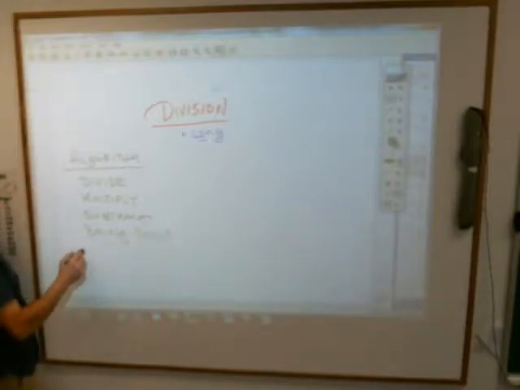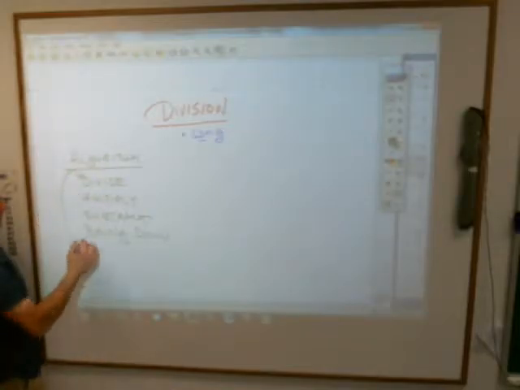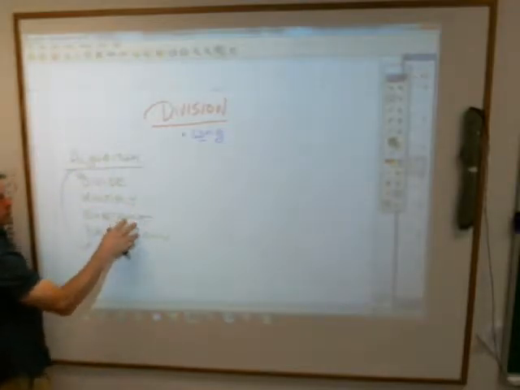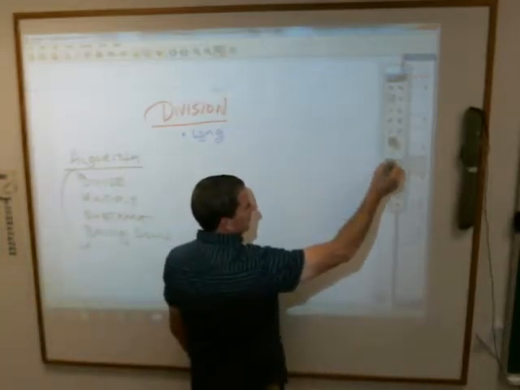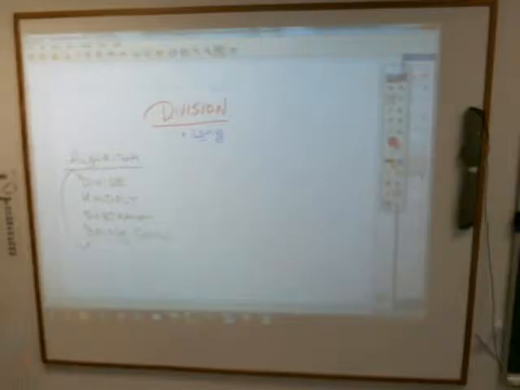This is the pattern that you keep repeating until you have nothing left to bring down. This is the way you do those long division problems.